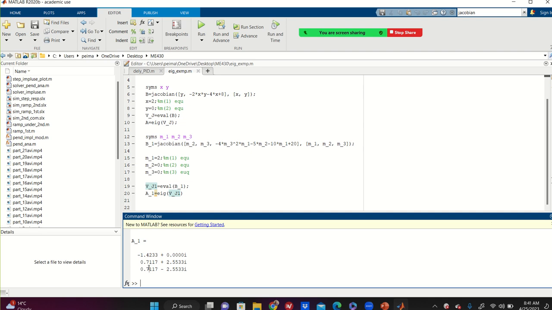You have a third order system, so you have 3 eigenvalues. Two of the real parts are positive, so it's going to be an unstable system.